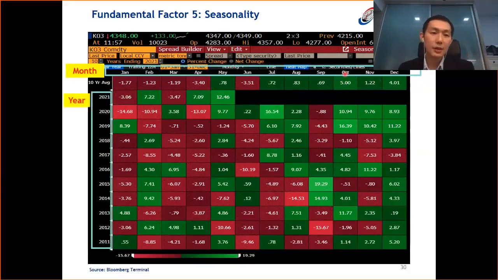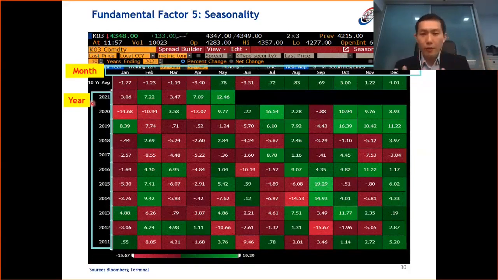And on your y-axis is the year, from 2011 up till the current year 2021. So on seasonality, in some seasons the production is lower, in some seasons the export is higher, and in some seasons there would be strong demand from commercial buyers. So you can expect the FCPO price to be even higher.